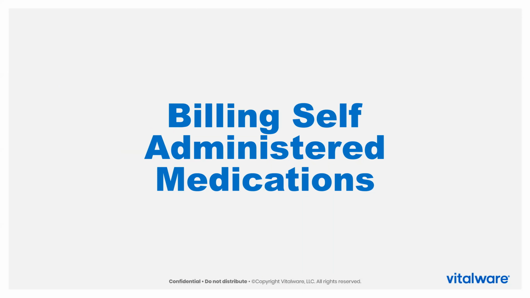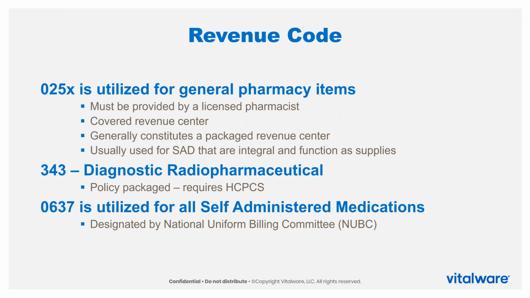So how am I going to bill for this? Let's go to the next one. First of all, 250 is used for general pharmacy items, so it has to be provided by a licensed pharmacist. Covered revenue center generally constitutes a package revenue center and is usually used for SADs that are integral and function as supplies or are in fact inpatient.